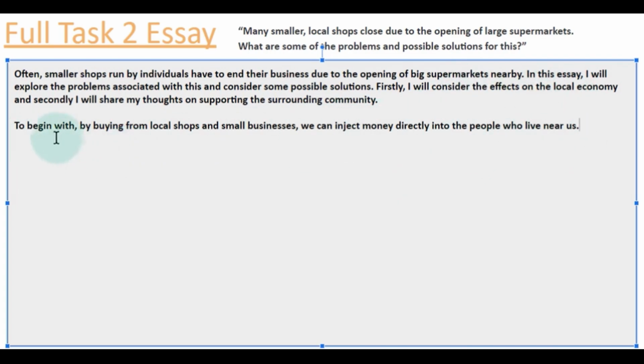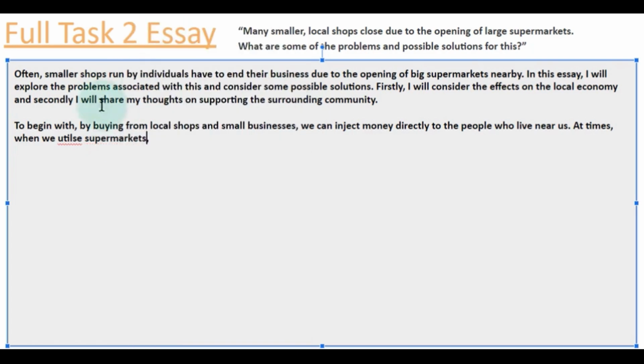Let's read this back. To begin with, by buying from local shops and small businesses, we can inject money directly to the people who live near us. At times when we utilize supermarkets, lots of spelling mistakes here.